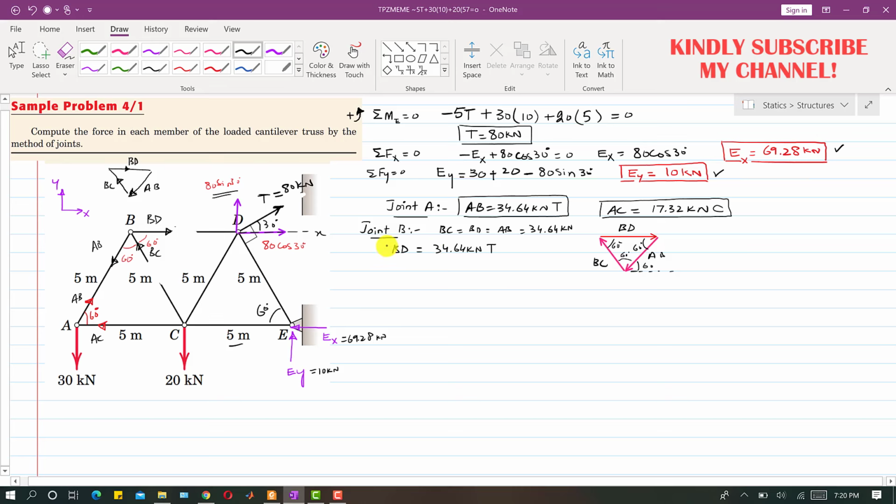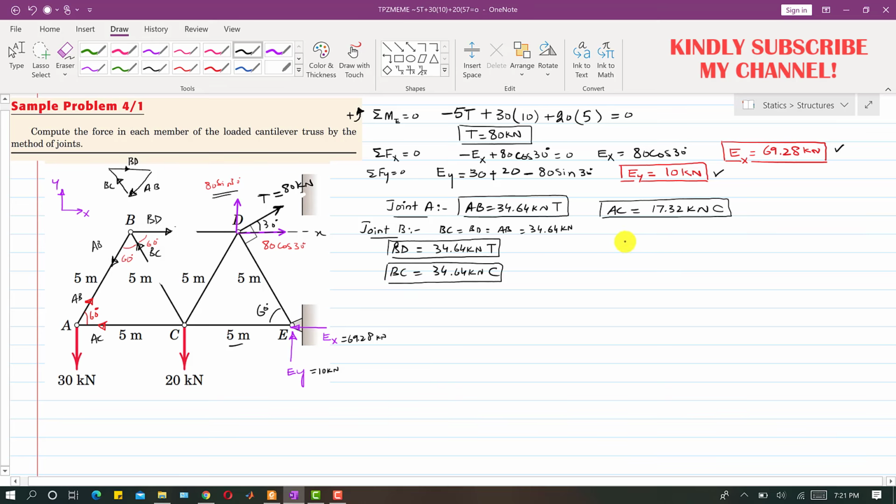This will elongate the BD member. The magnitude of BC is again 34.64 kilonewton, and as we can see, this BC force is towards the joint, so this is a compressive force. So now we know the BD and BC member forces.